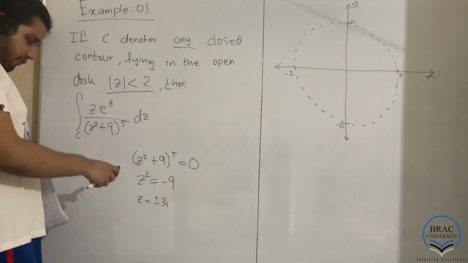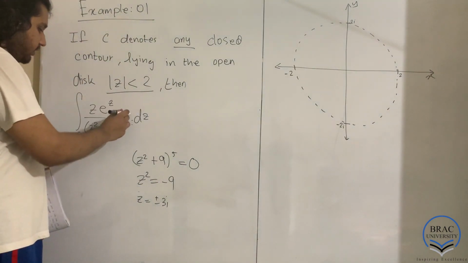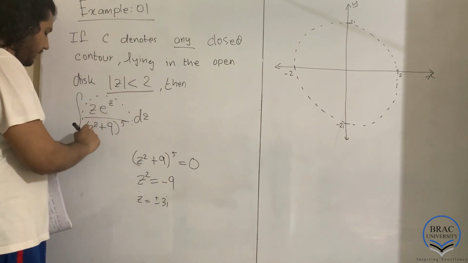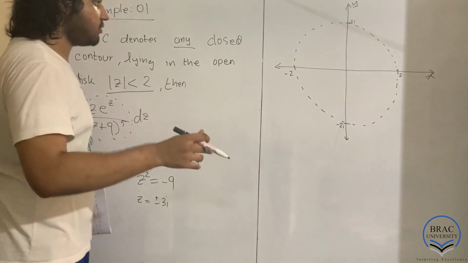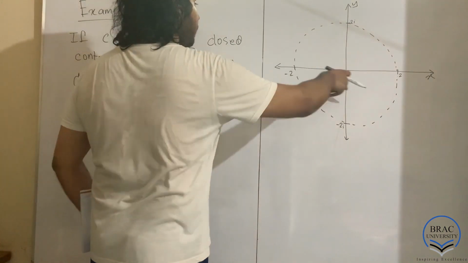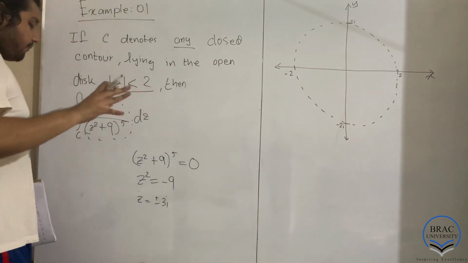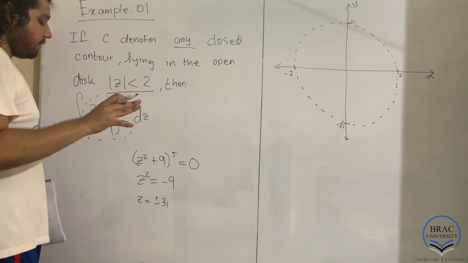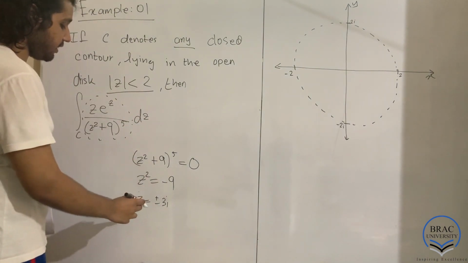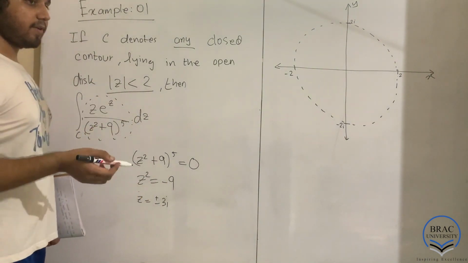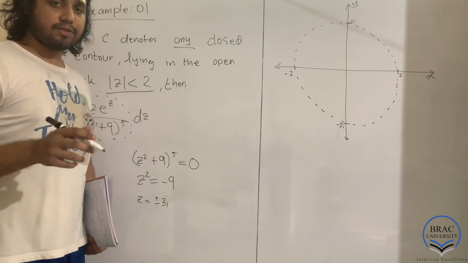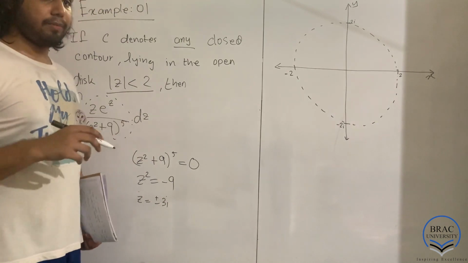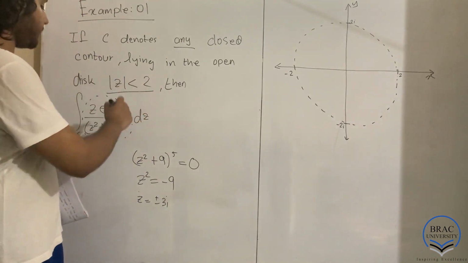Whatever contour we use just has to be inside our domain. If discontinuities occurred inside the domain, it would not be a simply connected domain anymore, because f of z has to be analytic over our entire domain, our domain being this disk.